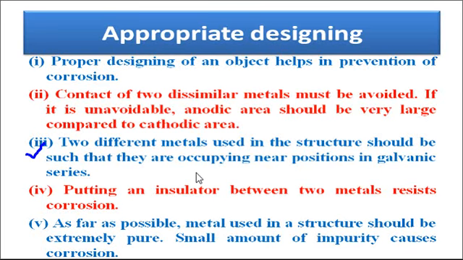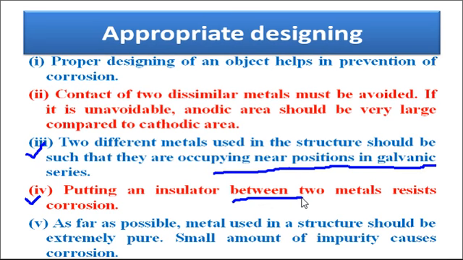That means both the metals are chosen in such a way that in the galvanic series they are very near, so that the electrode potential difference between these two metals is minimum. Third, if two different metals are used, then we should use proper insulation between these two metals. Clear? This is about the two different metals used in the particular equipment or the particular apparatus.